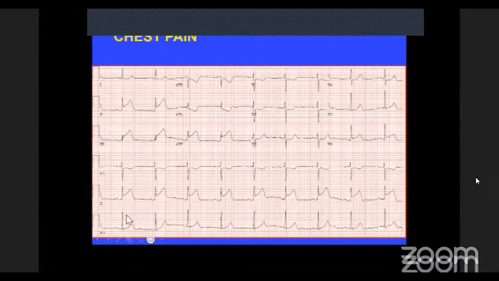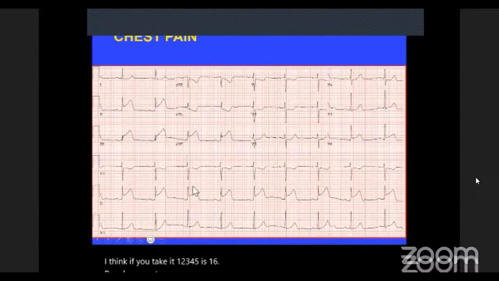So it's bradycardia. 1, 2, 3, 4, 5 is 60. Yeah, almost 80. Okay, and it's regular rhythm. About the axis, it's normal axis, no axis deviation.